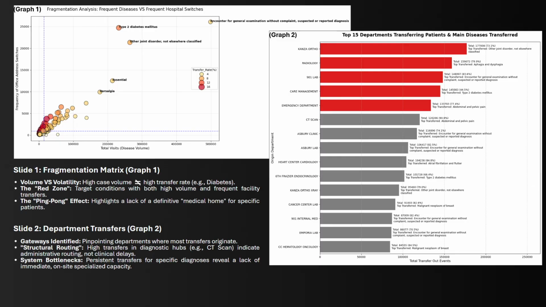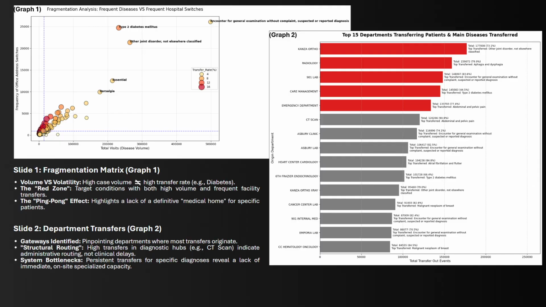Interestingly, some diagnoses such as general examination without specific complaint also show very high switching frequency. This suggests a pattern of diagnostic uncertainty or broad screening processes, where patients are routed across multiple departments before a clear diagnosis.